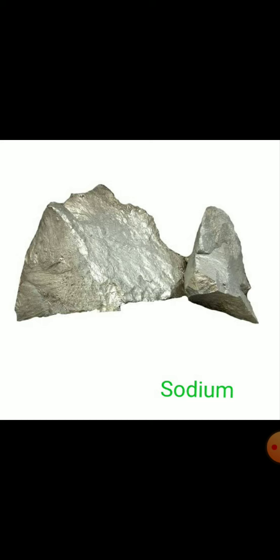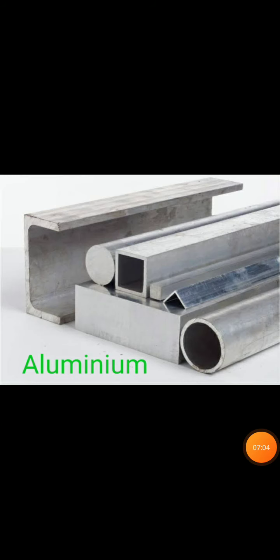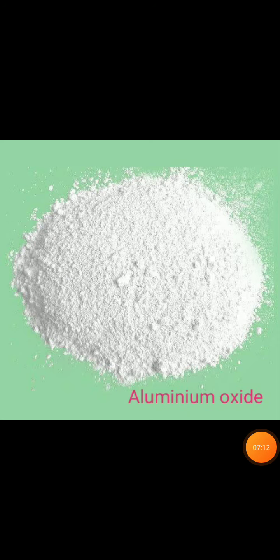This way, the metals are obtained. Similarly, aluminium is obtained by the electrolytic reduction of aluminium oxide. So there will be an electrolysis process for this aluminium oxide, and from that aluminium is obtained.